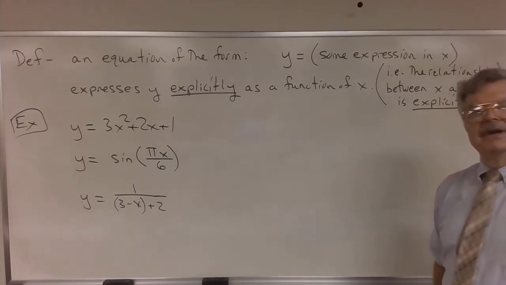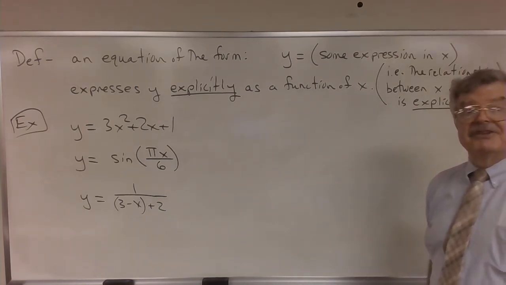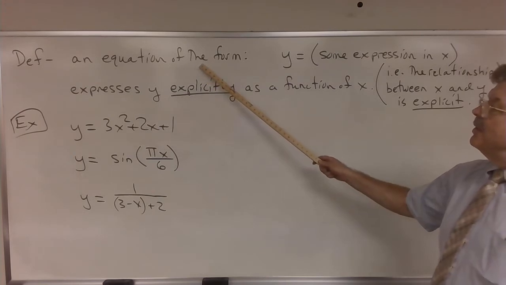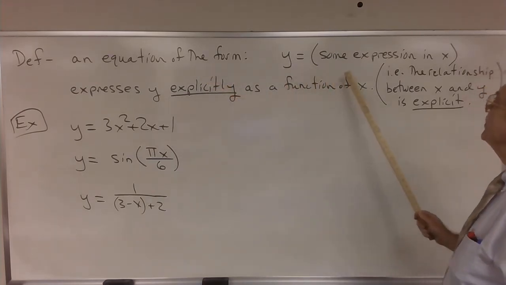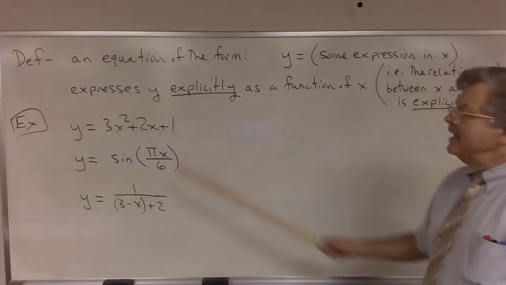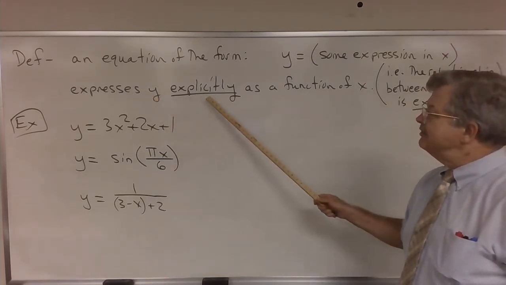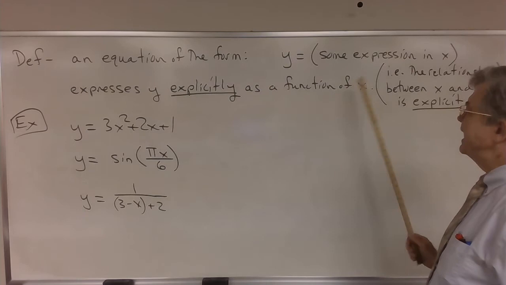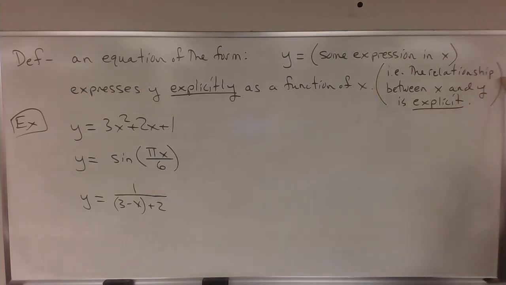First thing we're going to do is define the word explicit. An equation of the form y equals some expression in terms of x expresses y explicitly as a function of x. In other words, the relationship between x and y is explicit.